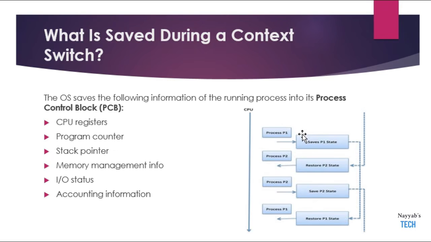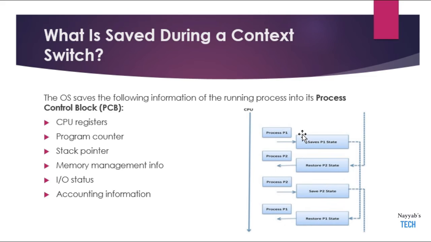So what is saved during a context switch? The OS saves the following information about the process. Think about it: the OS has to save certain information about the processes. So what information is it? It stores CPU registers, program counter, stack pointer, memory management info, I/O status and accounting information.